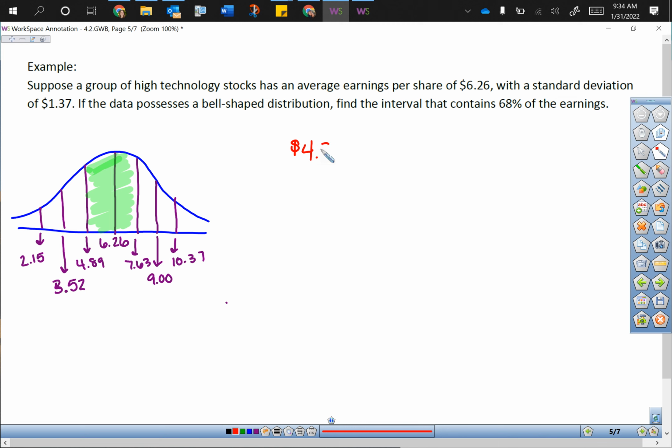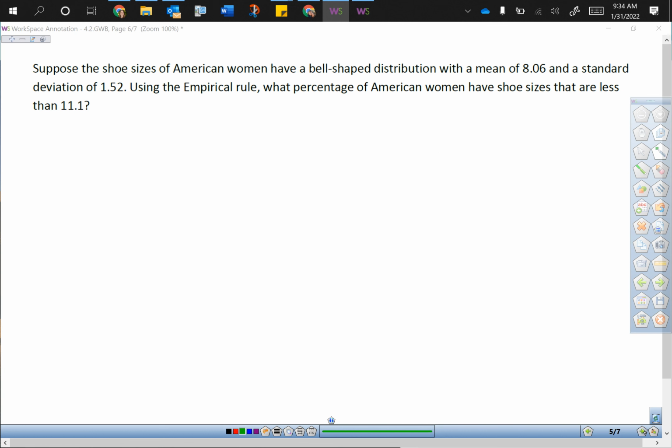Good, 4.89 to 7.63. That means 68% of the earnings from the share are within $4.89 to $7.63. Let's go to the next one.